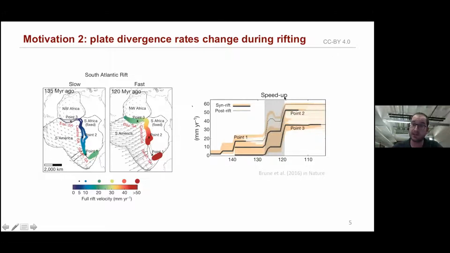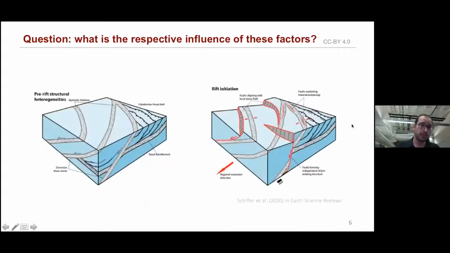And then we continue at high speeds. So we have changes in kinematics. And then the question is, how do these complex structural inheritances, these weaknesses, and these kinematic factors interact to develop complex rift systems?